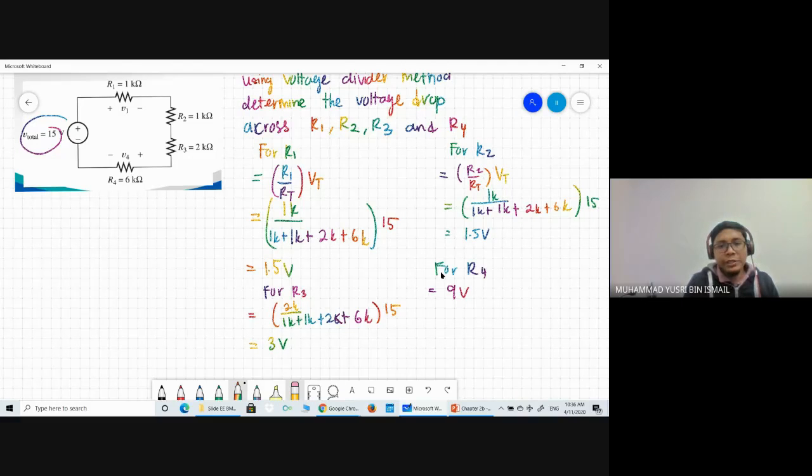So how can you check your answer whether it is correct or not? Since we know that in a series circuit the total voltage is equal to V1 plus V2 plus V3 plus V4, it must be equal to the voltage supply.